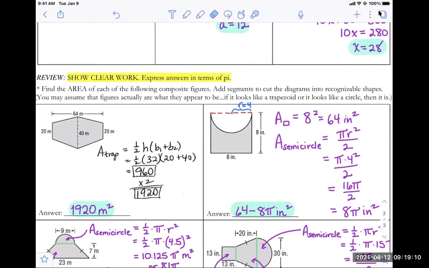Okay, for this one, if you did not realize that you're subtracting areas there, when you complete the square there, what you're doing to find the area is the square's area minus the half of the circle's area.